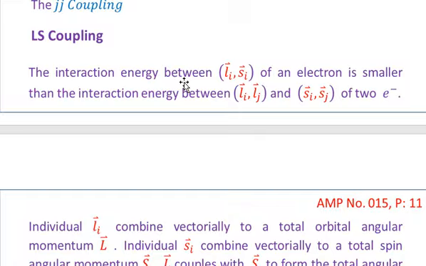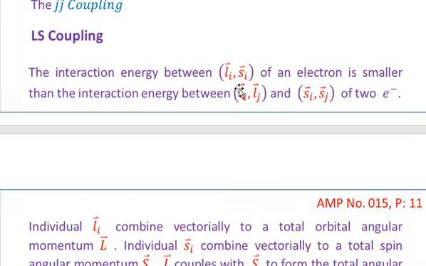The interaction energy between Li and Si, that is the orbital angular momentum and spin angular momentum of an electron, is smaller than the interaction energy between two different electrons. For example, the energy due to Li-Si interaction is smaller than the energy due to Li-Lj interaction and due to Si and Sj interaction of the two electrons labeled as i electron and j electron.